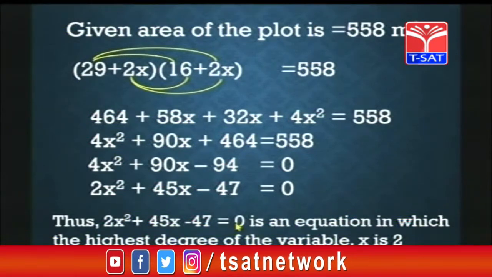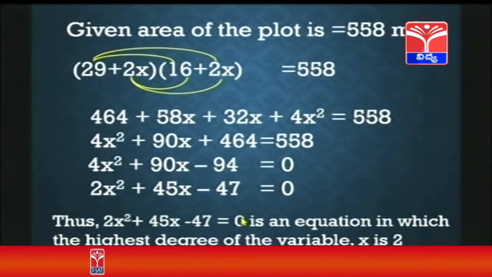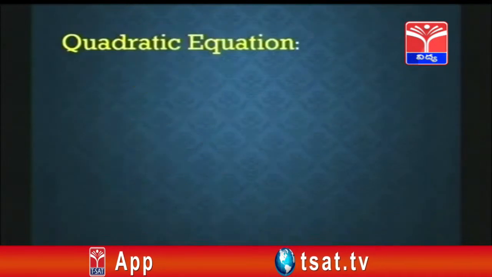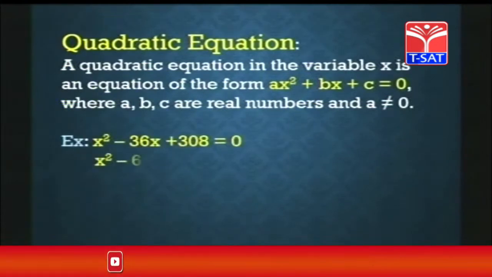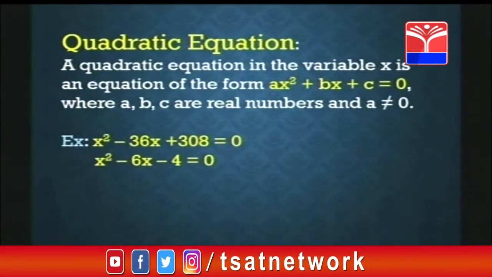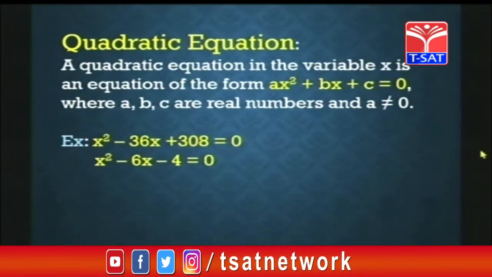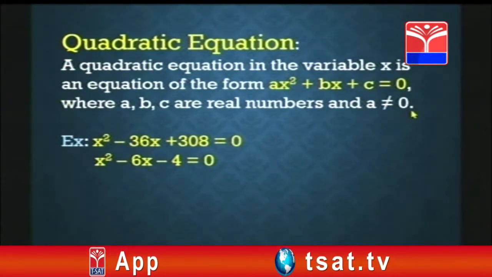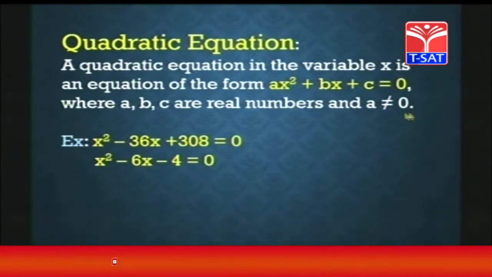Now I am sure you all must be relating this equation 2x square plus 45x minus 47 is equal to 0 to your quadratic polynomial which you have learnt in class 9. Now let's look how a quadratic equation is. A quadratic equation in the variable x is an equation of the form ax square plus bx plus c is equal to 0 where a, b, c are real numbers and a is not equal to 0. Now let's understand why a is not equal to 0.